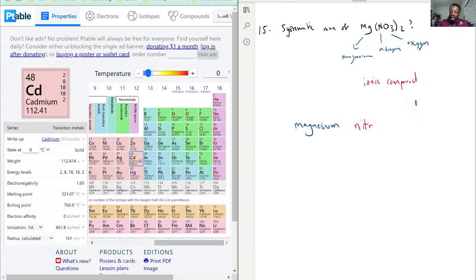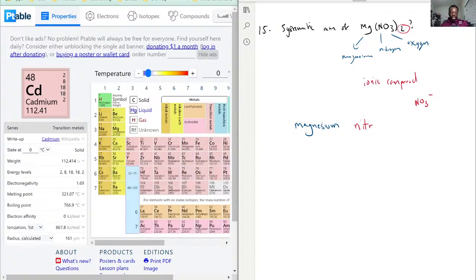Nitrate ions, NO3, typically have a charge of just -1, which is why there's 2 here. Because magnesium has a charge as an alkaline earth metal of 2+, which is why you need 2 nitrates to balance this out and make it a neutral compound. So we have magnesium nitrate.